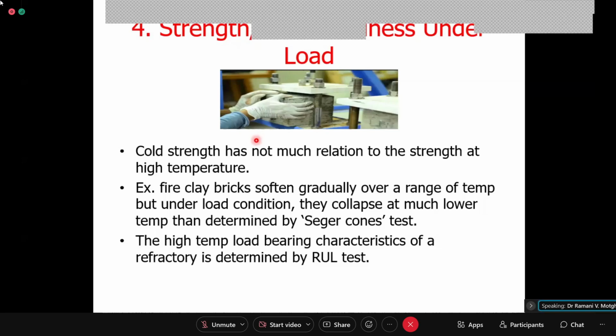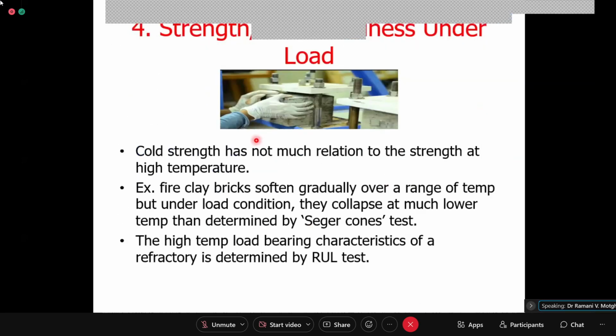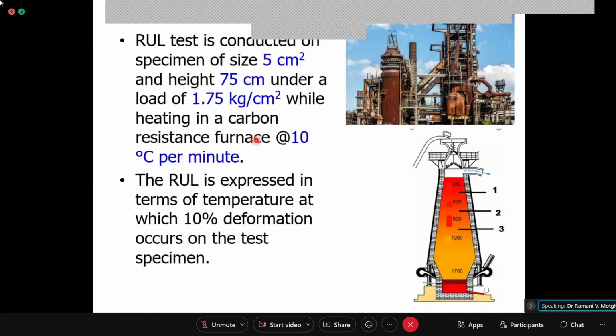Refractoriness under load is determined by a test called the RUL test, where you prepare a specimen of 5 centimeters square area, and the height is 75 centimeters, and the load applied is 1.75 kg per centimeter square, and it is heated at a rate of 10 degrees centigrade per minute. So that is how refractoriness under load is performed.